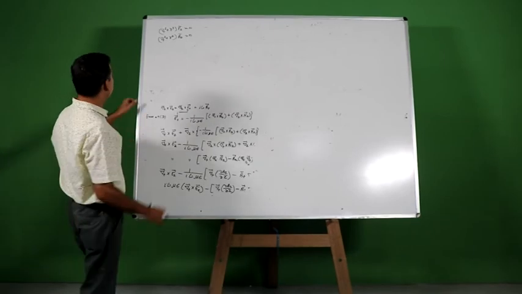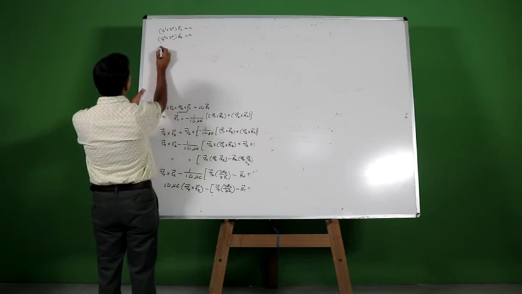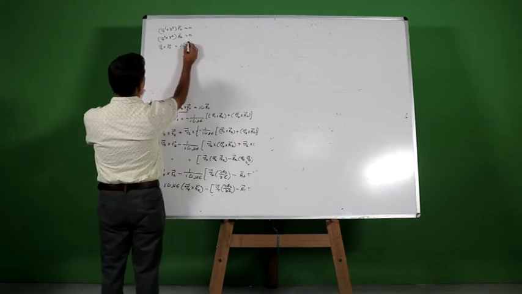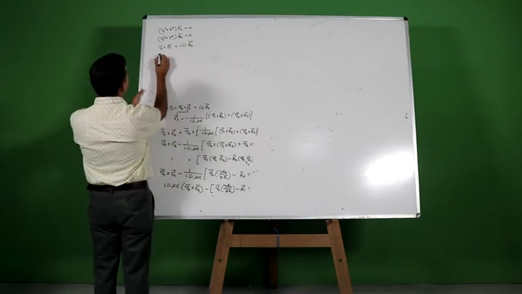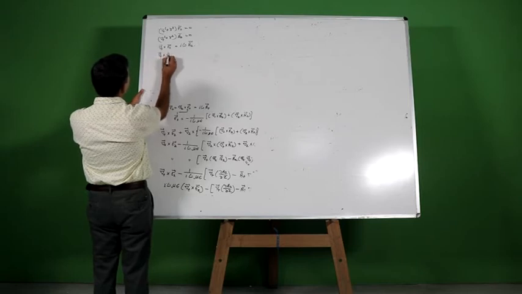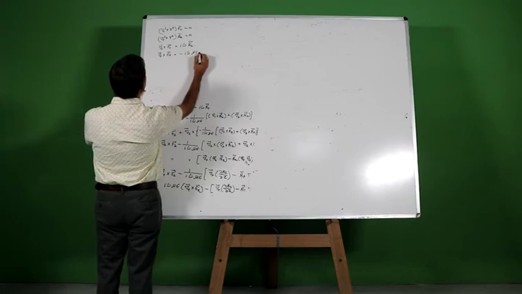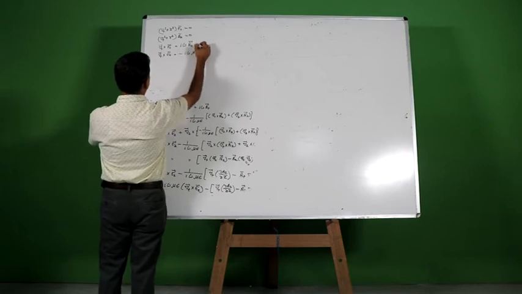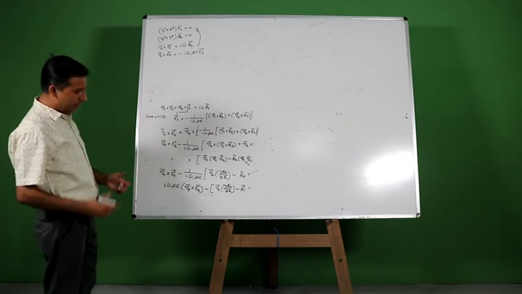The first equation is del T cross Et is equal to iota omega Bz, and the second equation is del T cross Bt is equal to minus iota omega mu epsilon Ez. By using these two equations we can derive the differential equations for Ez and Bz.